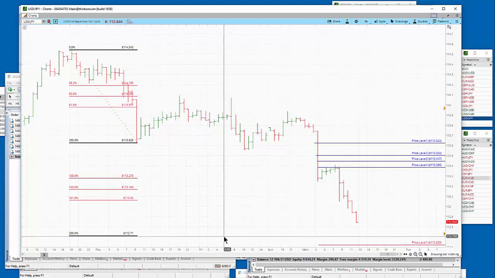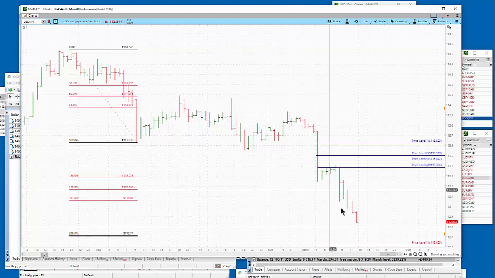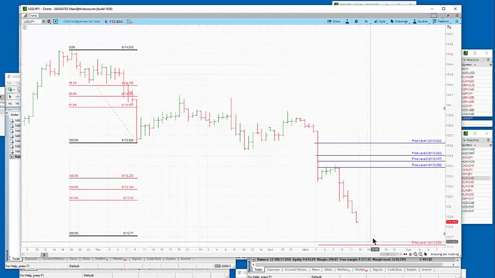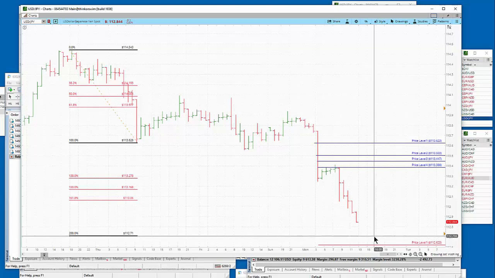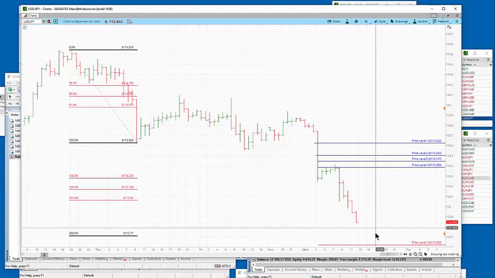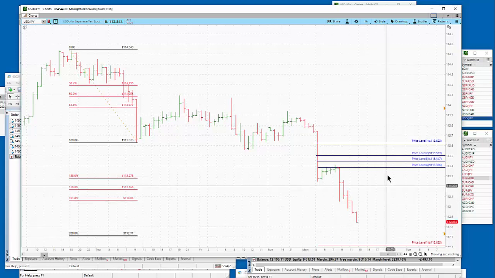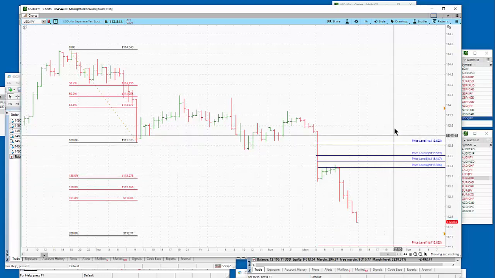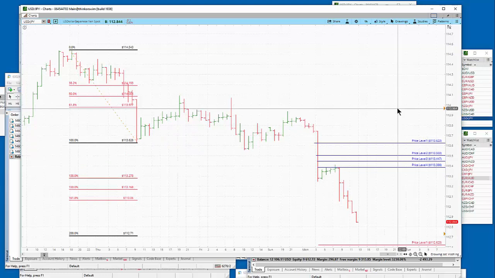So there's a very good chance that this price could come down into this area here, not pick up our hedge, and then start moving back up. And ultimately, all these trades could come out positive, right?